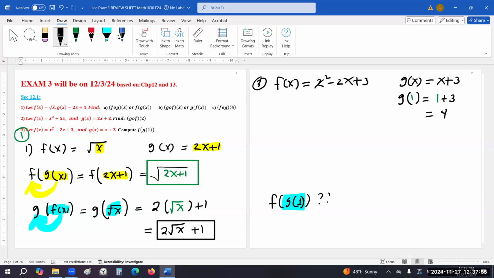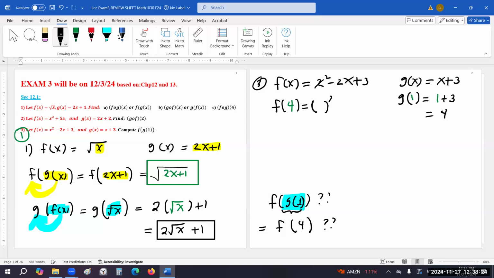It's 4. So that means the thing we have here is same as we are trying to find out what is f of 4. So what do you do now? Good. We go to the f function and we say, hey f, right now if x is 4, so you're going to substitute all the x we see in that function with 4.